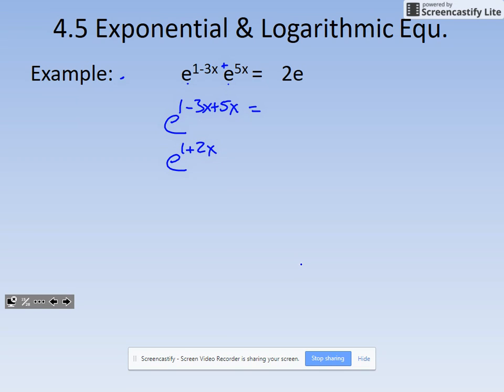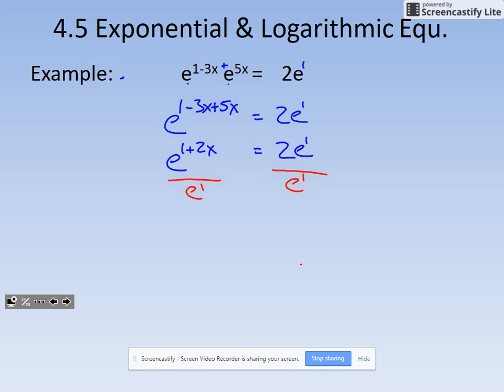And over here, it'll just be equal to 2e. Now, of course, the exponent on the e here, what's implied is a 1. So I can divide both sides by e, so let me do that.